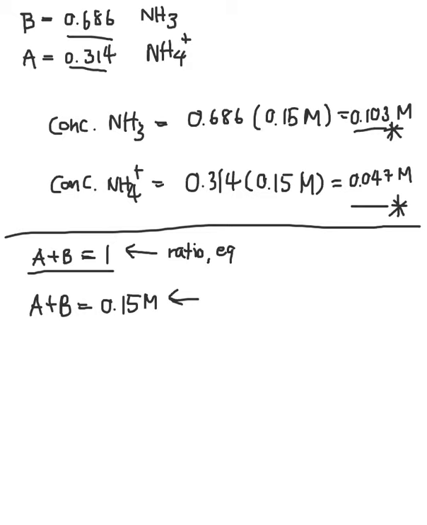So the total of ammonia and ammonium chloride needs to give you exactly 0.15 molar.